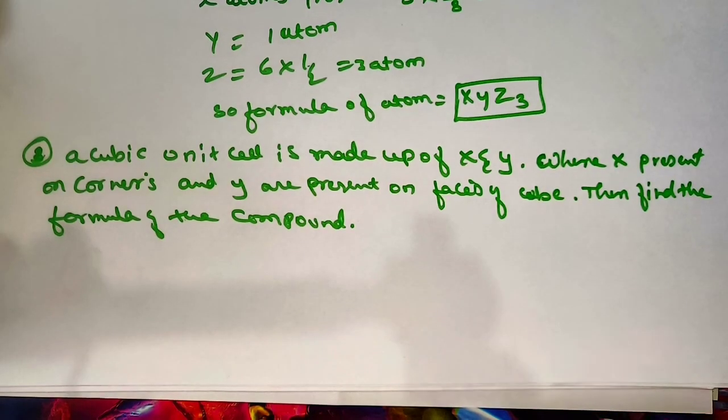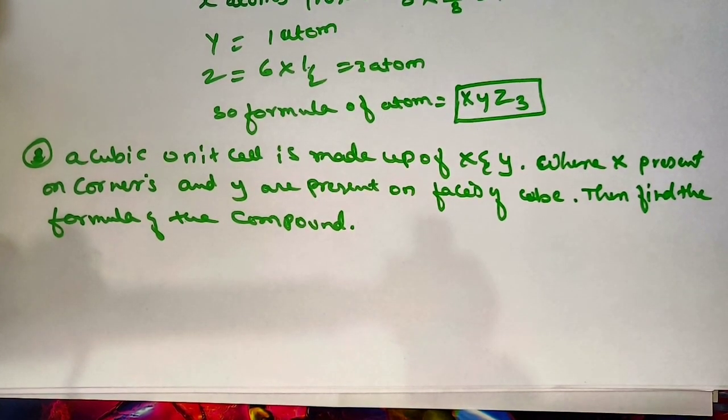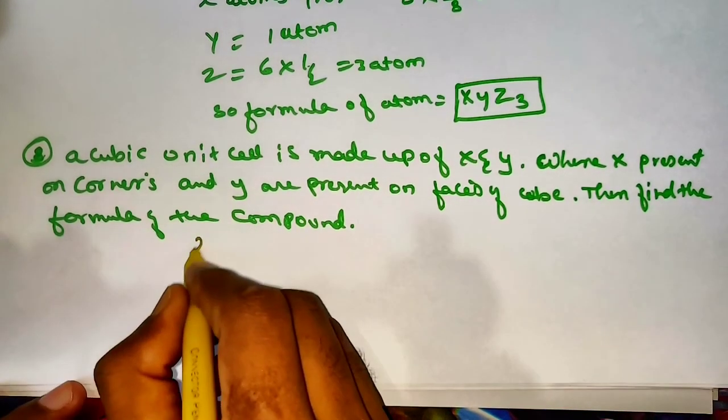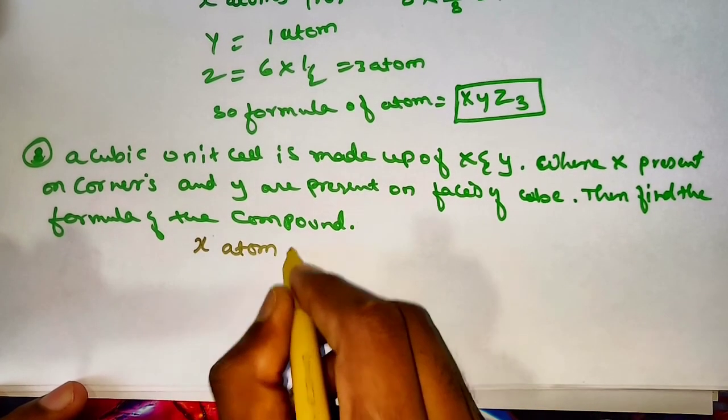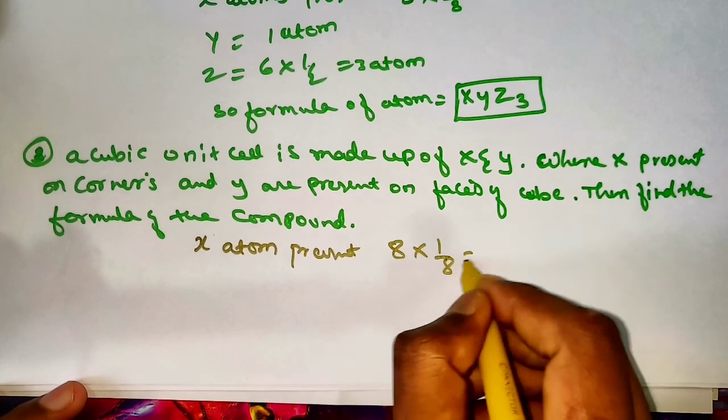One more similar problem we can take. A cubic unit cell is made up of X and Y, where X is present on the corners and Y is present at the centers of the faces of the cube. Find the formula of the compound. When X atom is present on the corner, as in the previous problem, 8 into 1 by 8 is equal to 1 atom.